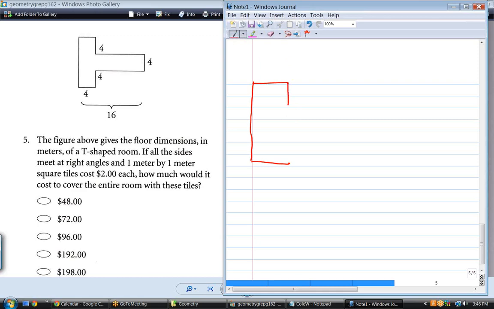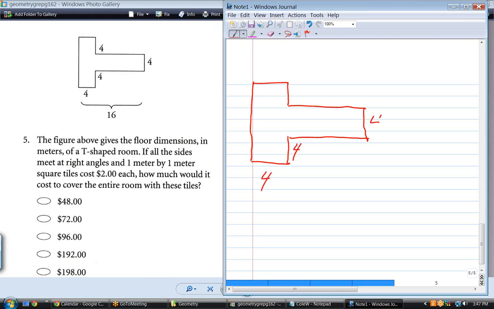Well, we need to figure out the area of this polygon, right? In other words, we're going to cover it in tiles, and we know how much the tiles cost for 1 square meter of tile. So if we can figure out how many square meters of area there is in this thing, then we'll just multiply however many square meters we have by $2 for each square meter, and we'll know how much the cost is to tile.